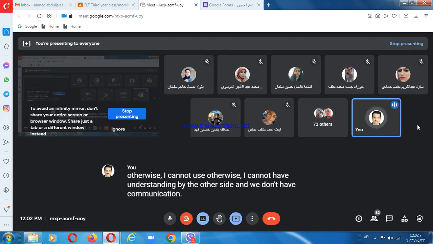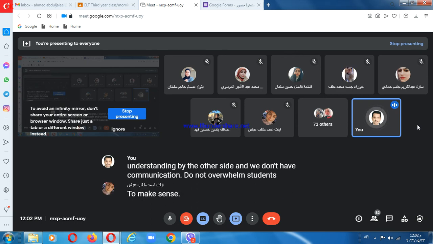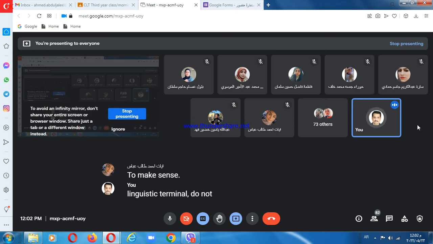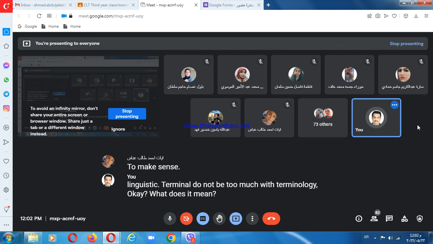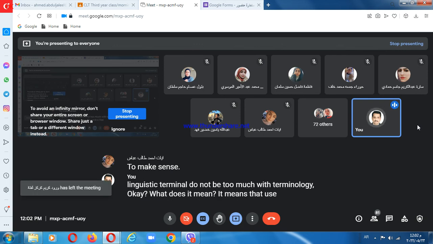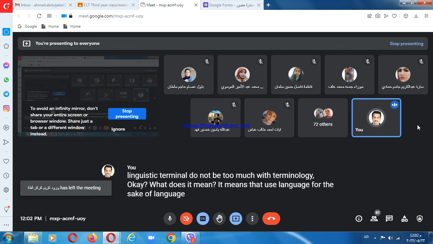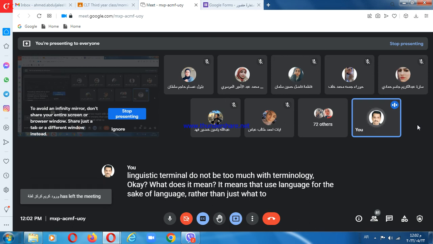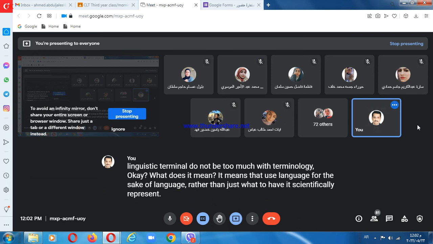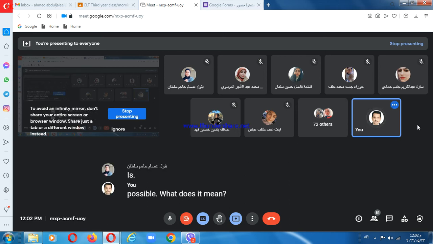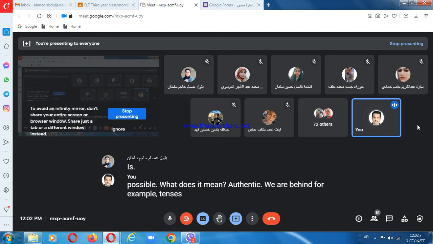Do not overwhelm students with linguistic terminology. Do not be too much with terminology. What does it mean? It means use language for the sake of language rather than just to have it scientifically represented. Grammatical rules should be as lively as possible. What does it mean? Authentic. We are behind, for example, tenses to reflect meaning.